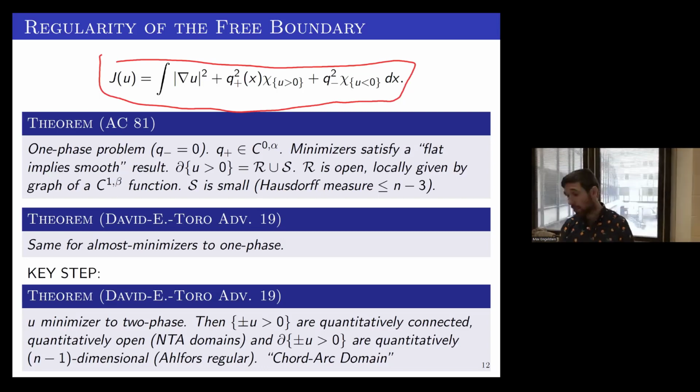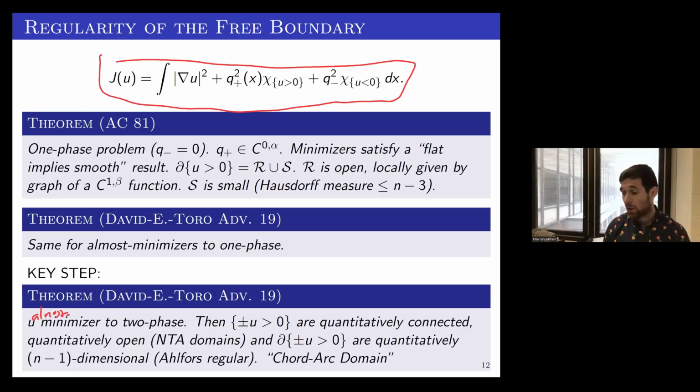And the boundaries of the positive and negative sets are Ahlfors regular. They're quantitatively n-1 dimensional. So in particular, the positive and negative sets are chord arc domains and have uniformly rectifiable boundaries. If those terms don't mean anything to you, don't worry about it. All we're saying is that we have some quantitative scale invariant regularity here for almost minimizers.